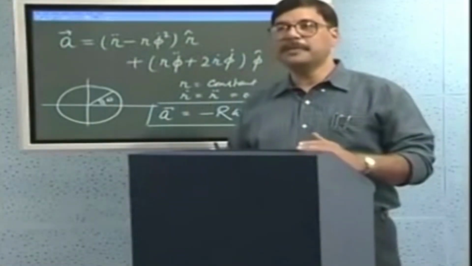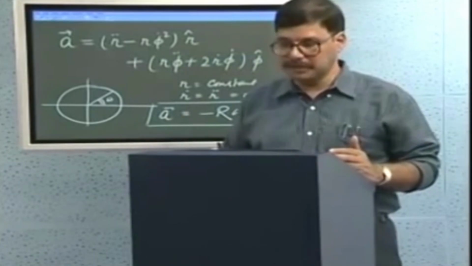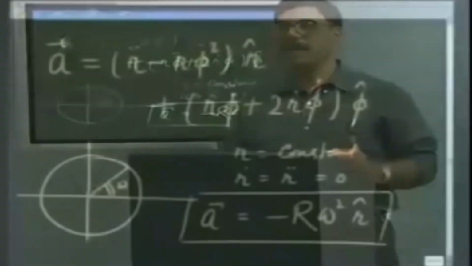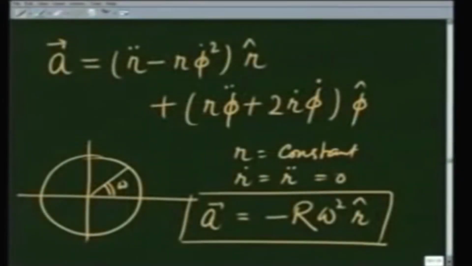So, you can see when the particle is moving around in a circle, use of planar polar coordinates makes things slightly easier, although the expressions may look complicated. Now, to apply it, you have to practice it.